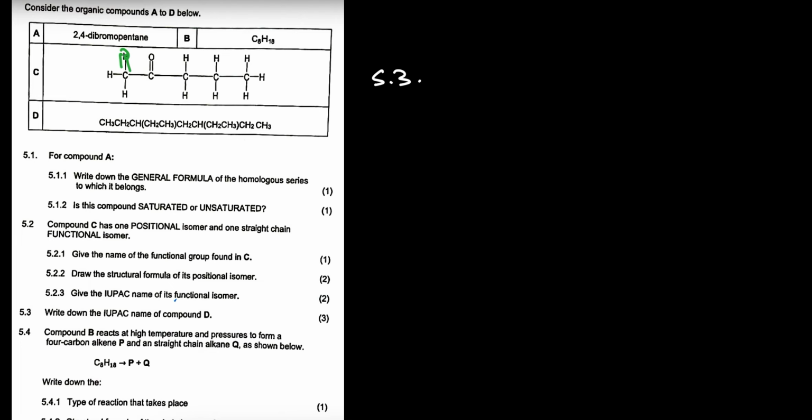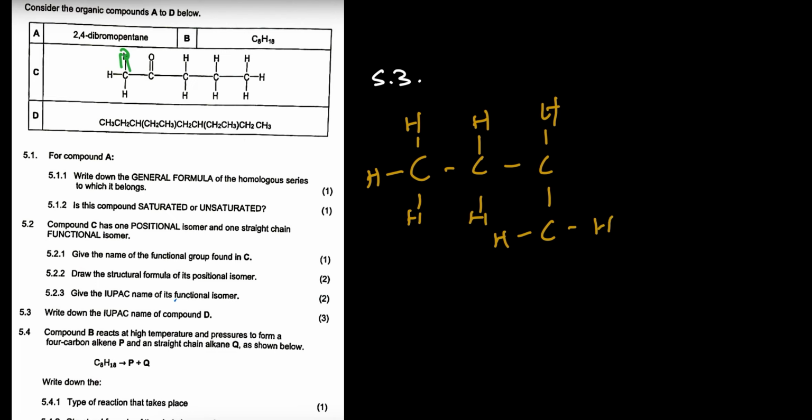So if you look at compound number D, for the first carbon, we have 3 hydrogens. The second one, we have 2 hydrogens. The third one, we have 1 hydrogen, and we have a chain of 2 carbons. Okay, that should be like this. And then we have the next carbon with 2 hydrogens.